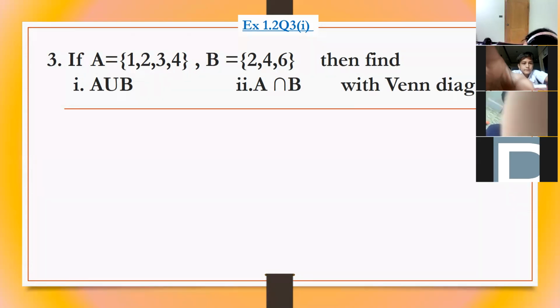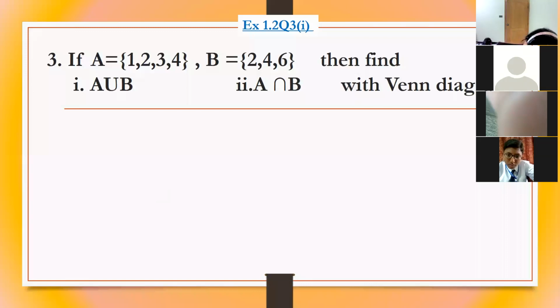A union B: when you combine both the sets, what answer have you got? Okay, Aun, do you want to share your answer? Yes, Aun, unmute yourself quickly, beta. Yes, miss. The answer is curly bracket 1, 2, 3, 4, 6.